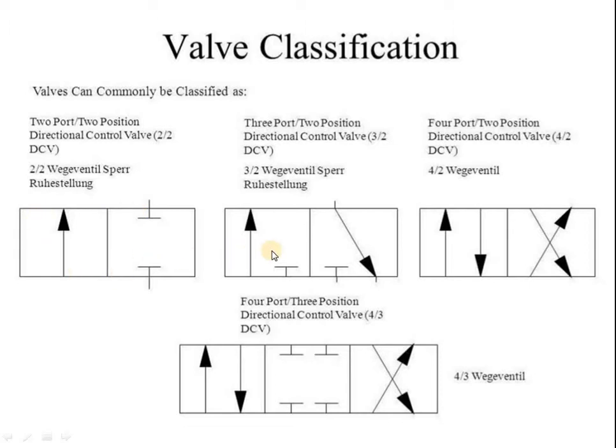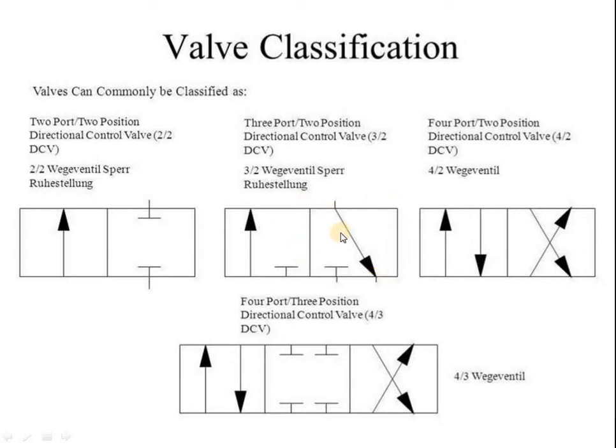Similarly, coming to the second sketch, these are the symbolic representations of the valves. Here it is 3x2. The first number indicates the number of ports and the second number indicates the number of positions. Here there are 2 positions because there are 2 rectangular boxes. The first box is one position and the second is another position.